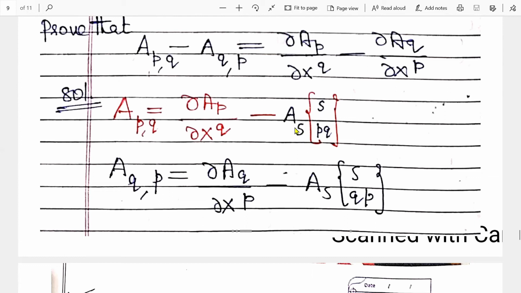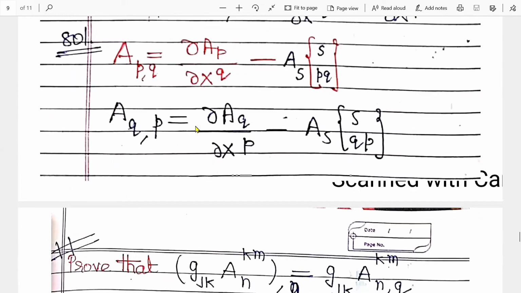So here write in contravariant form because given is contravariant. Given is covariant, so write in covariant form. So when given is covariant, write in covariant. When given is contravariant, write in the form of contravariant.